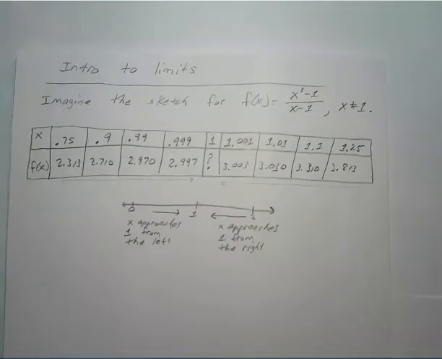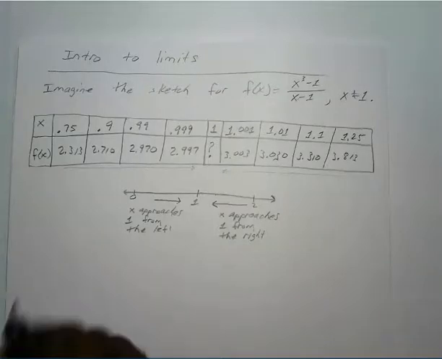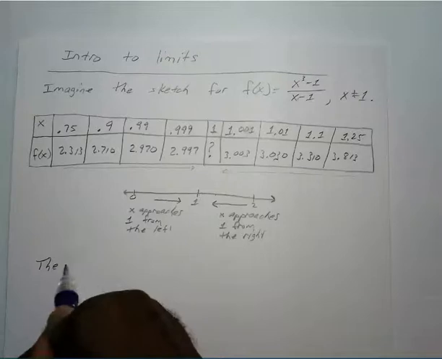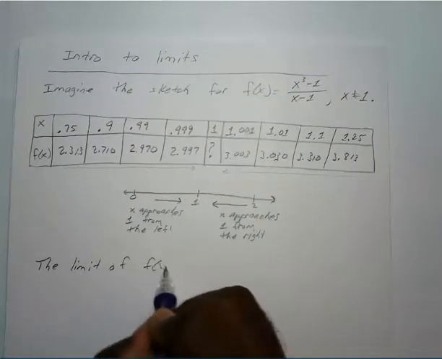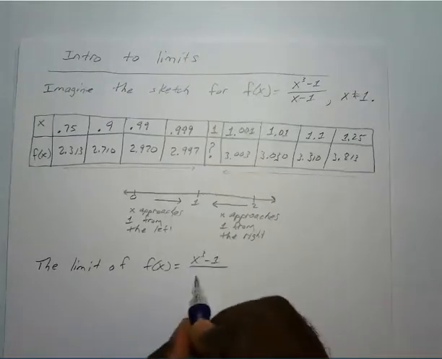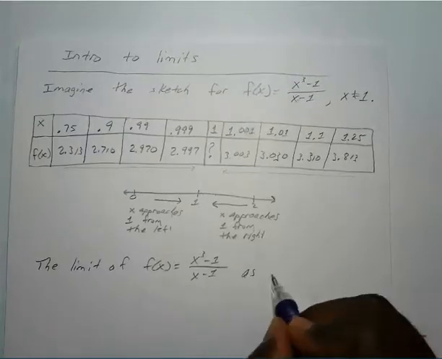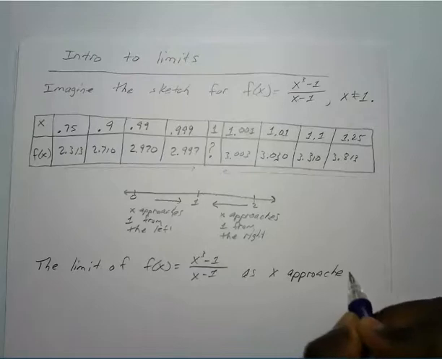So what we're going to do is look at the limit of f of x equals x to the third minus 1 over x minus 1 as x approaches 1.